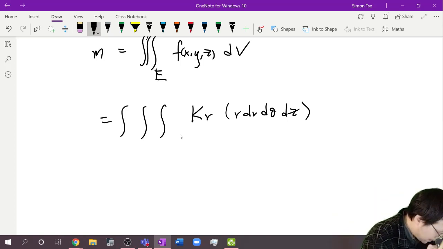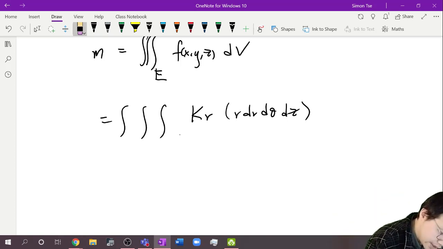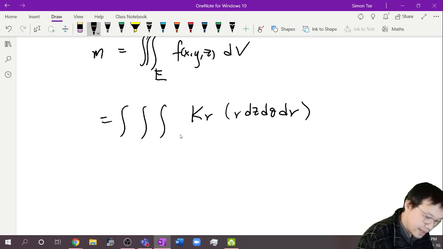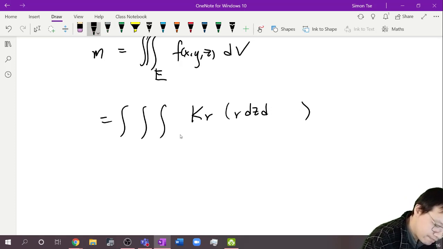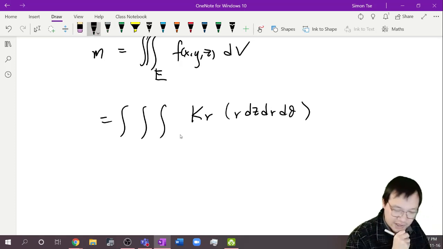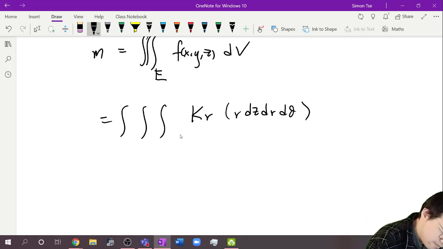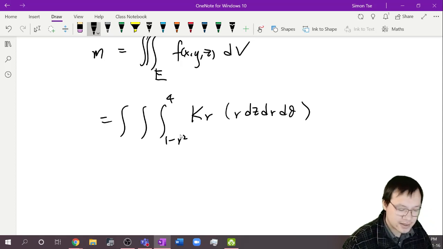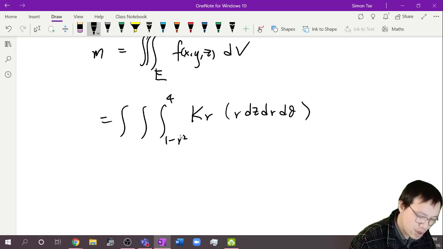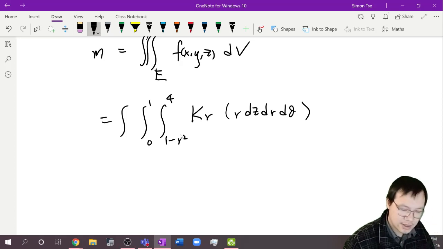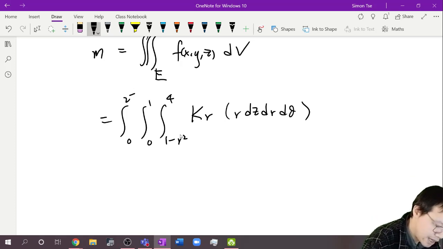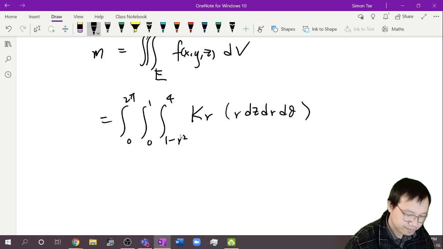The innermost part shouldn't be r because the z depends on it. So I should put the z as the innermost part, followed by dr, and then followed by d theta. D theta is the easier part. So the z should go from 1 minus r squared all the way to 4. Okay, so that's the innermost part. The middle part, the r goes from 0 to 1, and the last part, theta, goes from 0 to 2 pi. It is a solid of revolution.